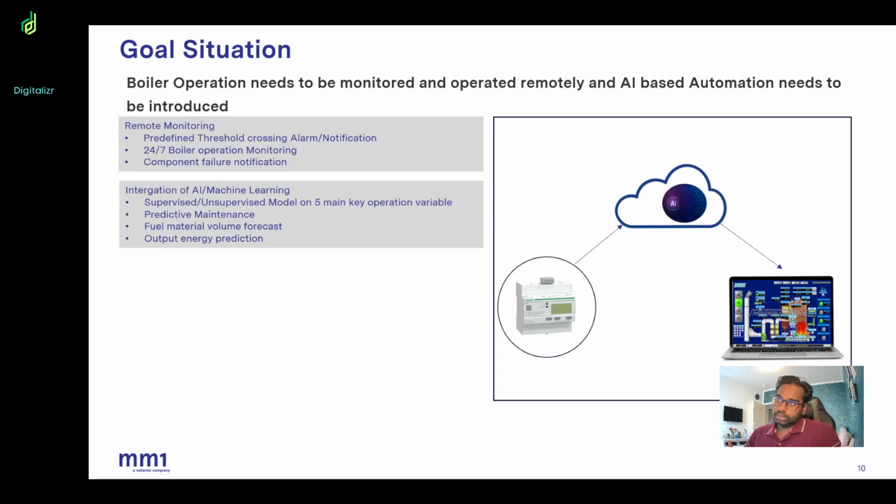So we want to explore whether we can determine the fuel type by doing machine learning analysis on other variables, such as CO2 level, burning chamber pressure, and ventilator pressures, things which can be correlated to the type of fuel being used. So we have two functionalities that we want to accomplish here.